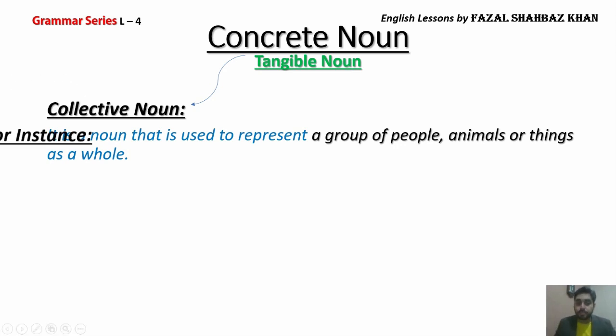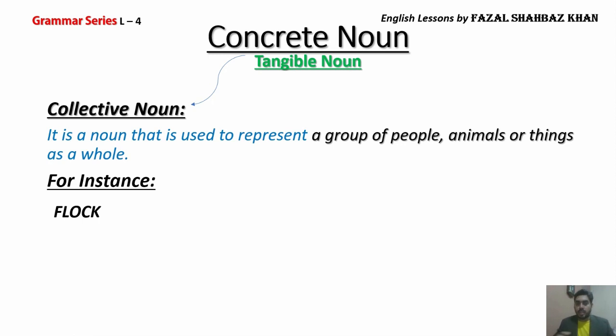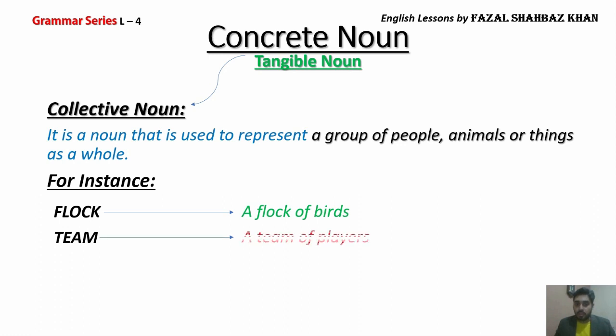For example, flock, like when we have a bunch of elements joined together in a section, so that becomes flock. So flock, in one way or the other, a flock of birds, a flock of sheep, what can be said. Team, another collective noun, a team of no other but players.